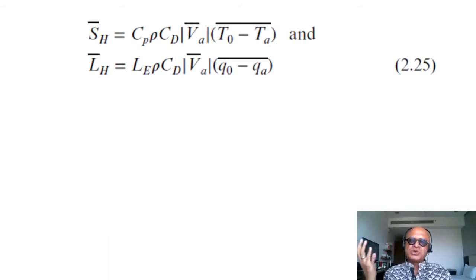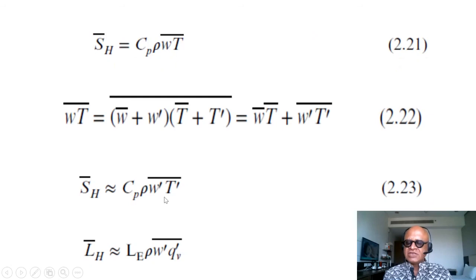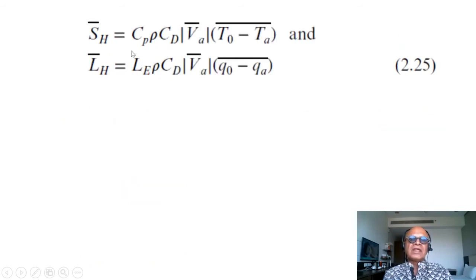Okay, in the real world you usually measure mean quantities like wind speeds, temperatures, humidities, that are either derived or measured, and you need what are called bulk formulae. So these actual processes are converted into bulk aerodynamic formulas as Cp rho times, let's say, a drag coefficient for the wind times the magnitude of the wind speed times the temperature difference in the mean, and latent heat as the latent heat of evaporation times rho times this drag coefficient times wind speed and the humidity difference between, let's say, the ocean and the atmosphere.